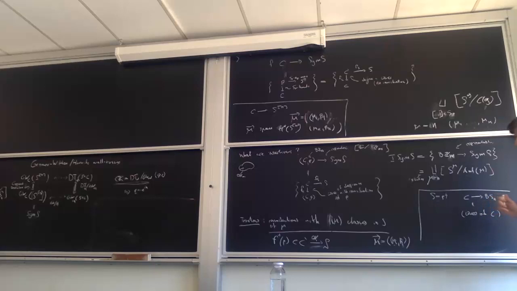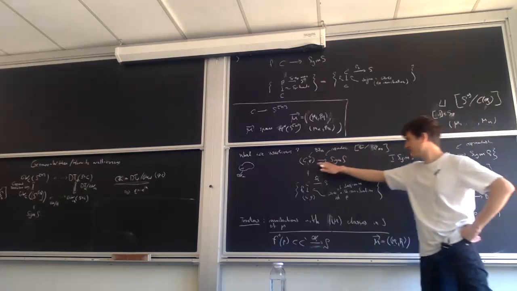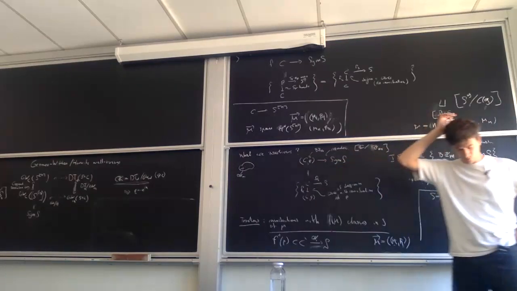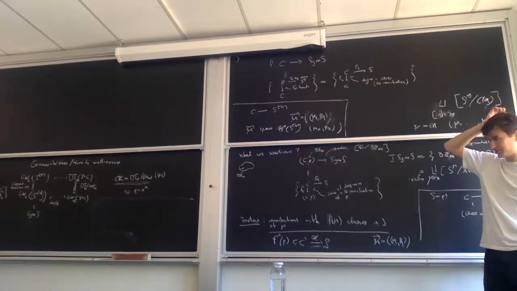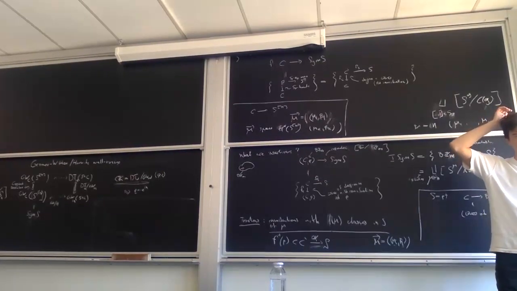There is some condition at the node; you allow some ramification at the node as well. It's a little complicated, but it doesn't matter. So why Hurwitz? Because if you assume S to be a point, then literally the Gromov-Witten theory of a symmetric product of a point is Hurwitz theory.